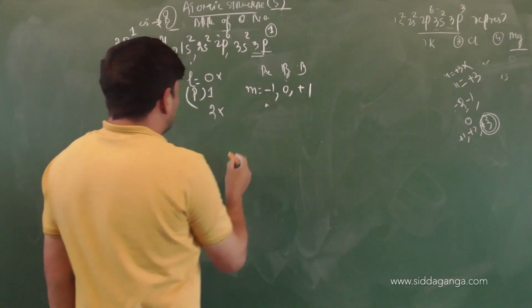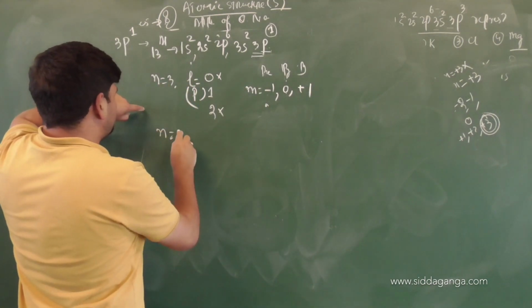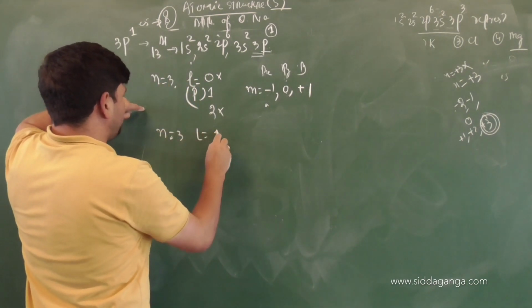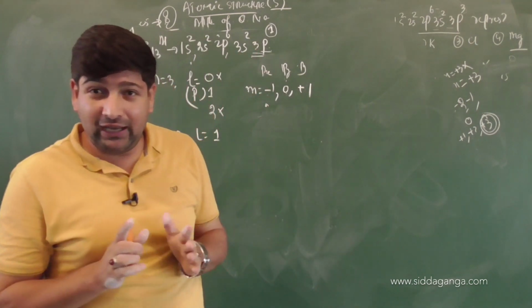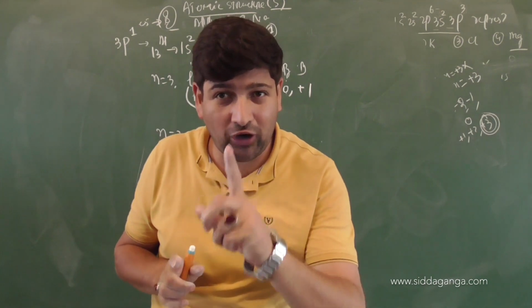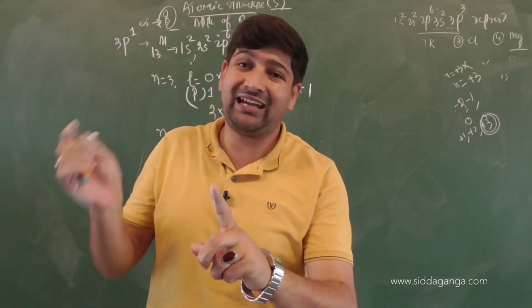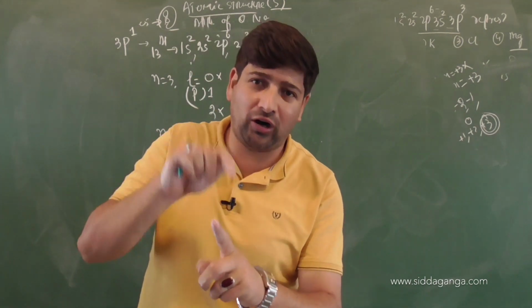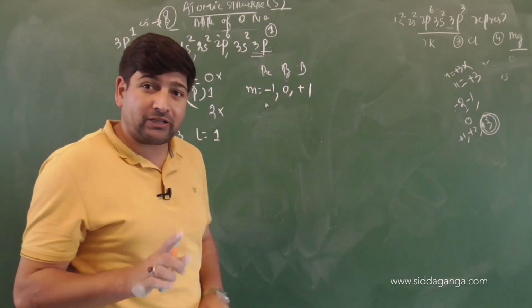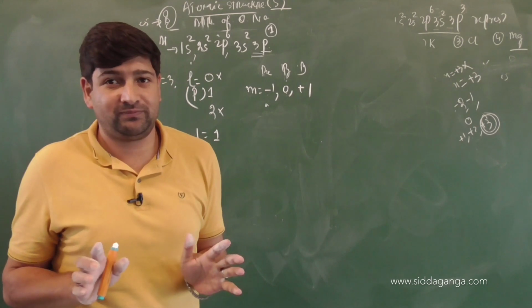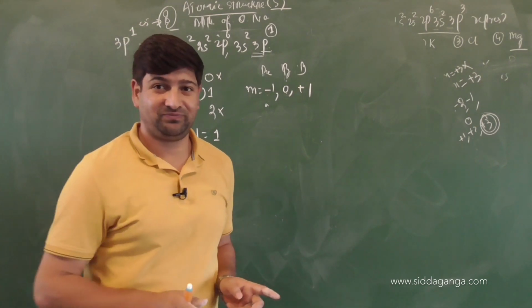So n value will be 3, l value will be 1, because you have one electron and one electron will be present in one orbital at a time. So it can be X or Y or Z. Out of these 3 values, you have to represent one of the 3, not all the 3.